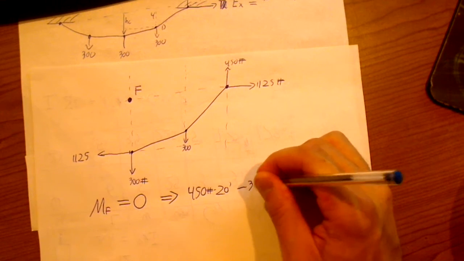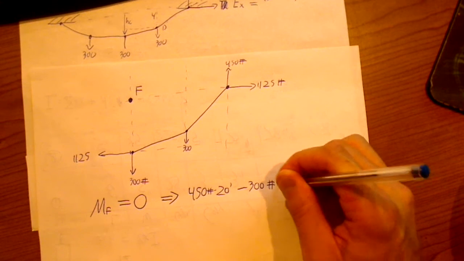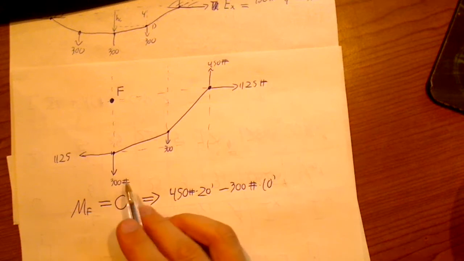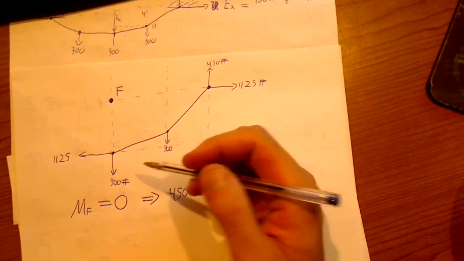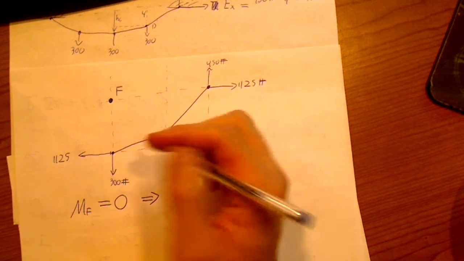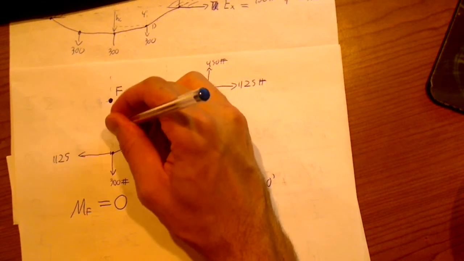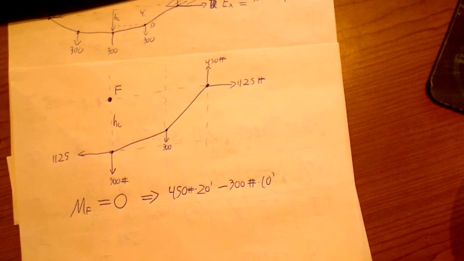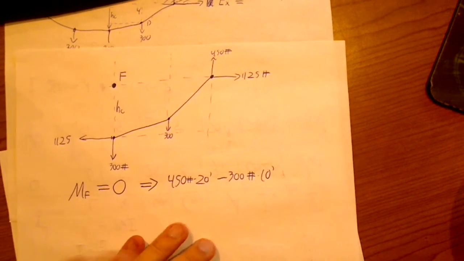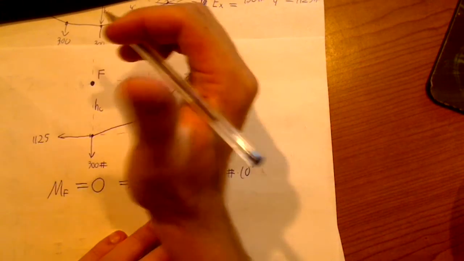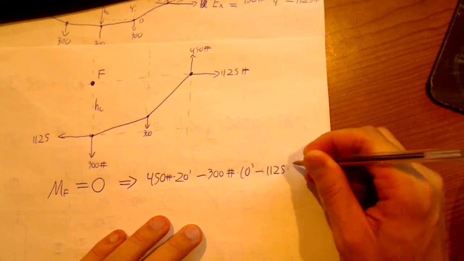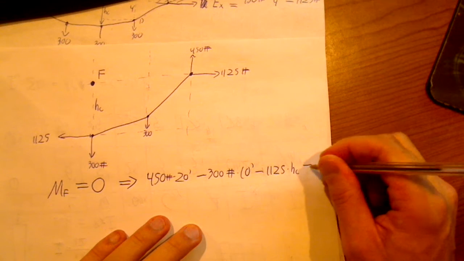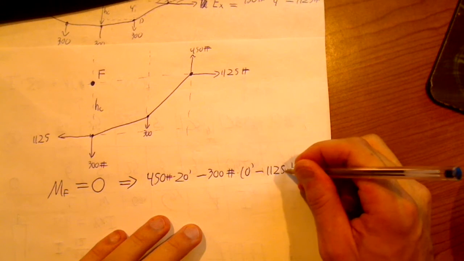So we do minus 300 pounds times 10 feet. And then this 300-pound force, line of action again, goes through F, so it's going to be 0. And then we have this force, which has a moment arm of HC that we don't know. So we know that that causes it to rotate negative, so minus 1125 times HC equals 0.